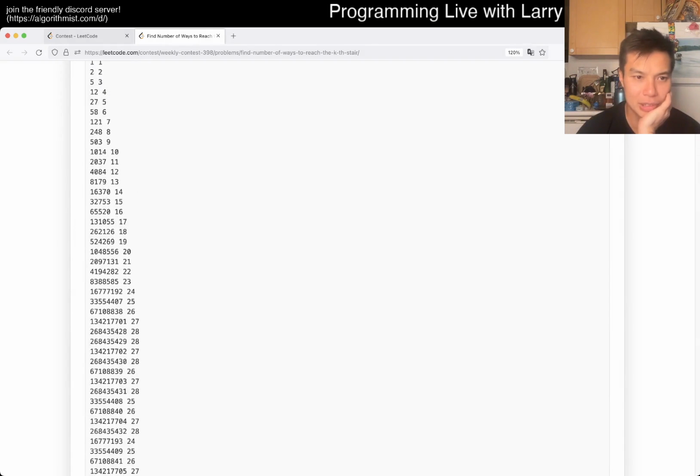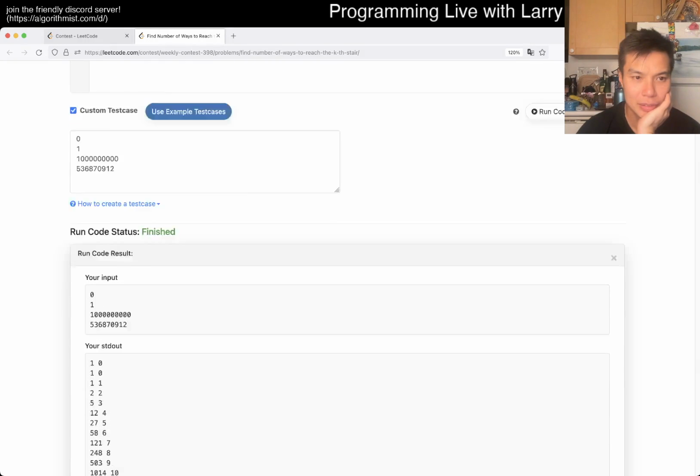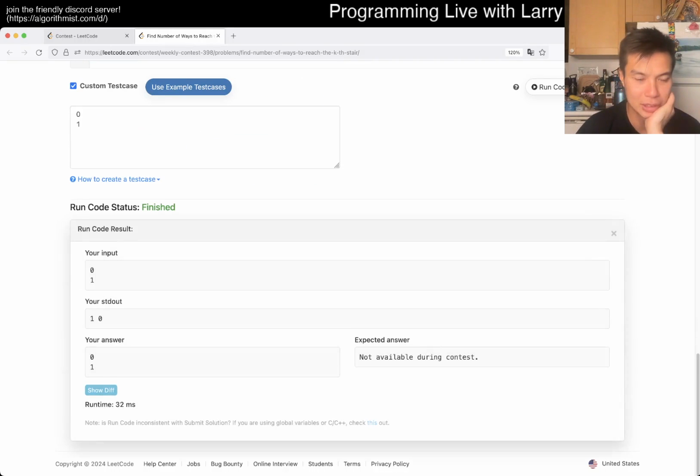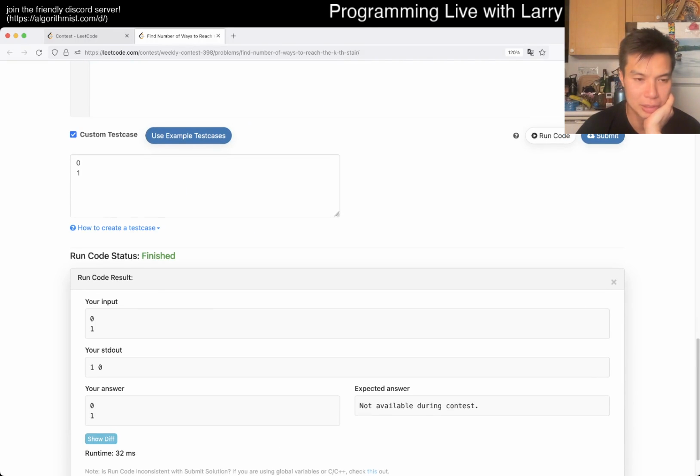I mean, it's doing a lot of stuff. Alright, let's get rid of these two for a second. So maybe it's time to debug these. Maybe it's fast enough, I just need to debug it.